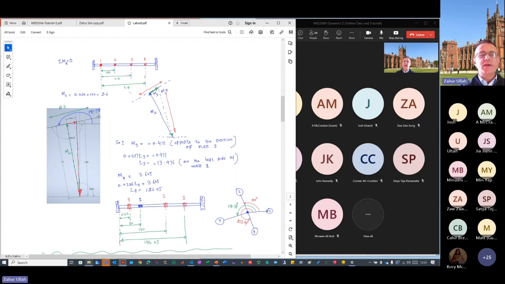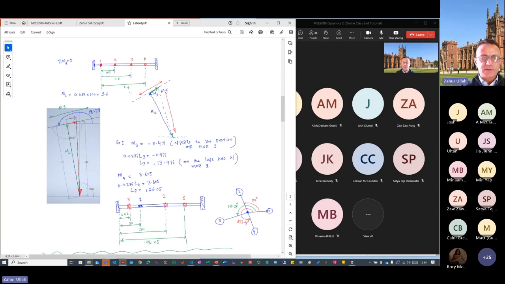Then you can draw another line for 4, which is making this angle here, 272.49, which is this line here. And this should be a closed polygon, so this should go here and then this should go here. If you calculate this, then this should give you everything.